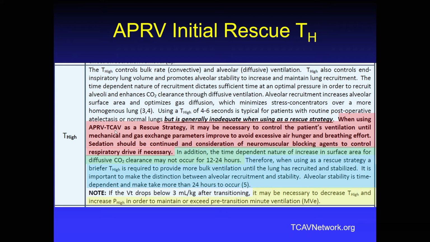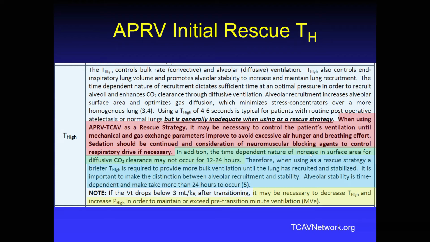When using APRV TCAV as a rescue strategy, it may be necessary initially to control the patient's ventilation until mechanical and gas exchange parameters improve to avoid excessive air hunger and breathing efforts. So although we really preach don't oversedate the patients, don't neuromuscularly relax the patients, the exception to that may be particularly in a rescue type of situation when you're initially transitioning them to APRV.